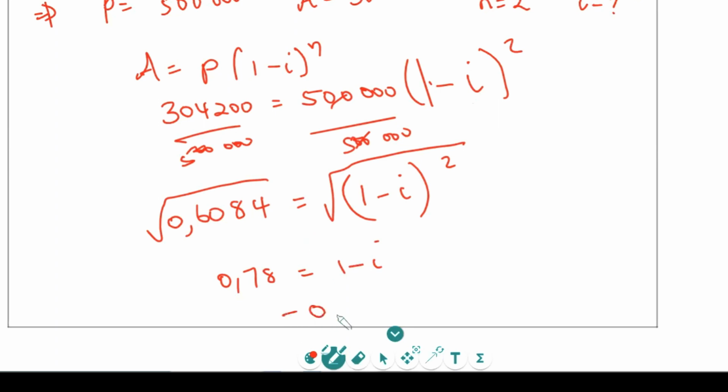I'm getting negative 0.22 equal to negative I. Divide both sides by negative 1. I'll have 0.22 multiplied by 100, which means my I is 22%.